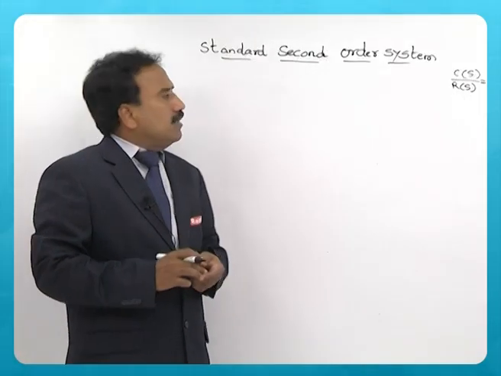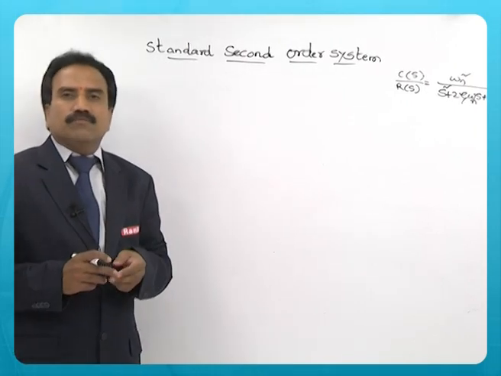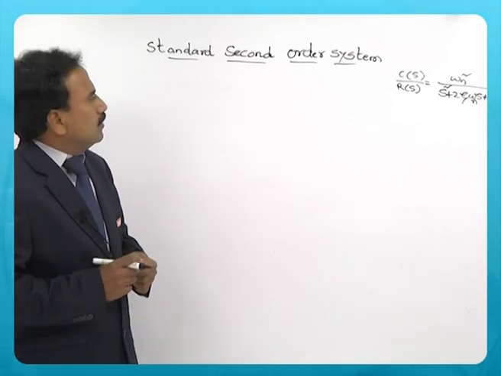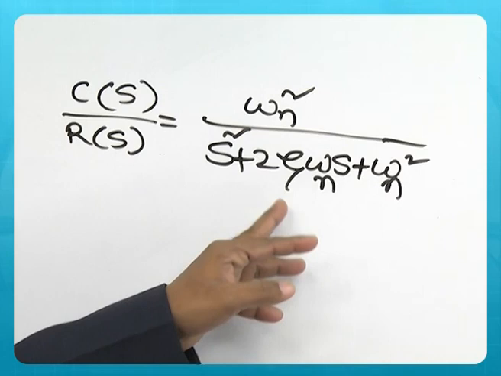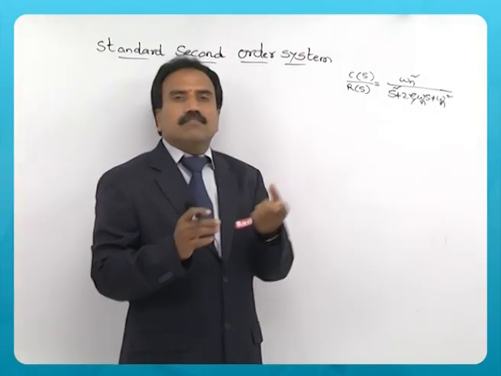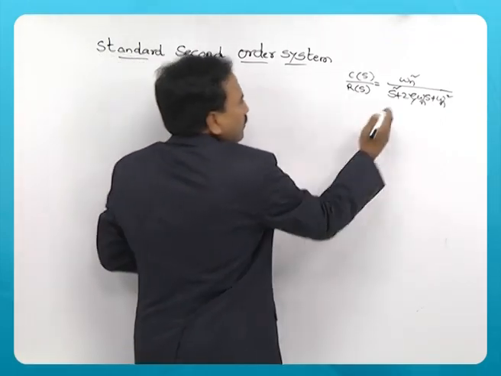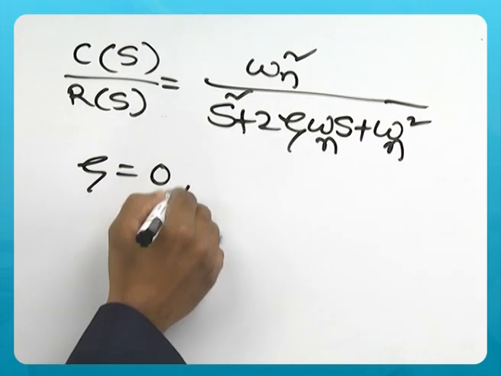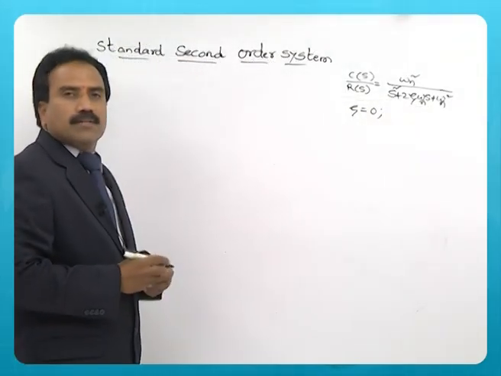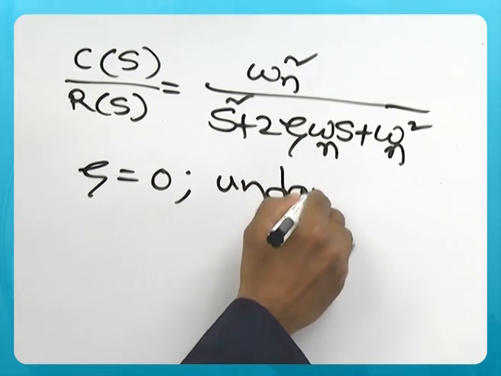Now let us define the standard second order system in terms of damping ratio, because damping is the term which makes the roots of this characteristic equation move. So when zeta is 0, that means there is no damping, such a system is known as undamped.